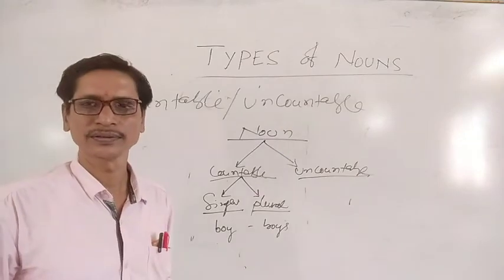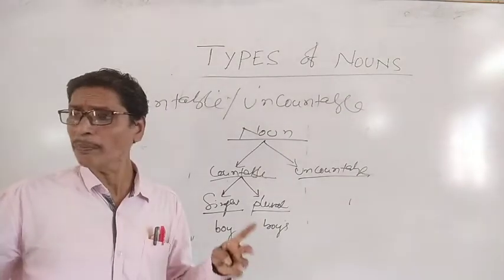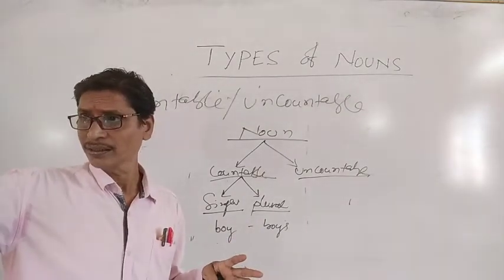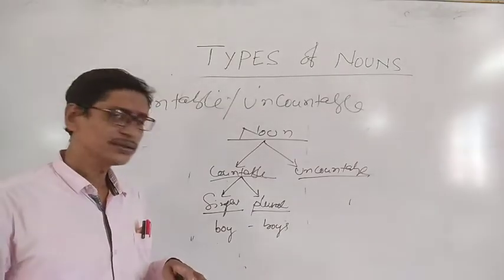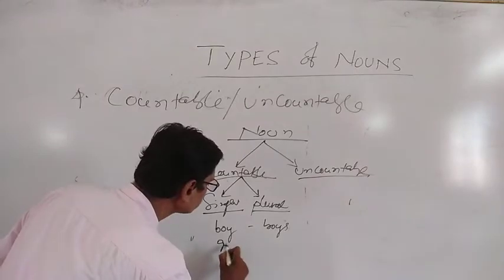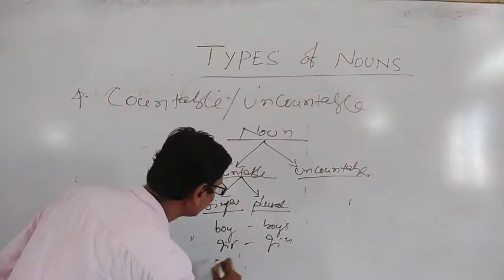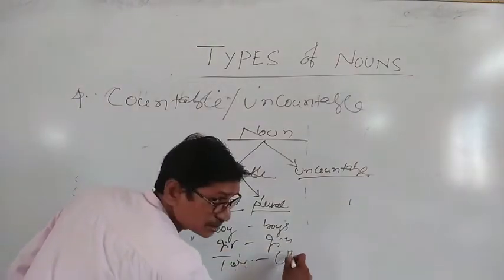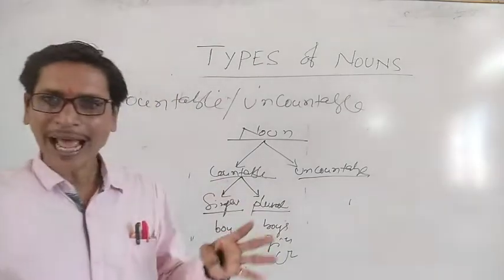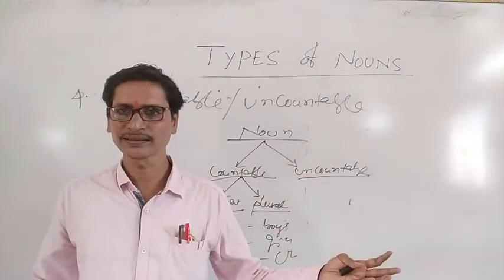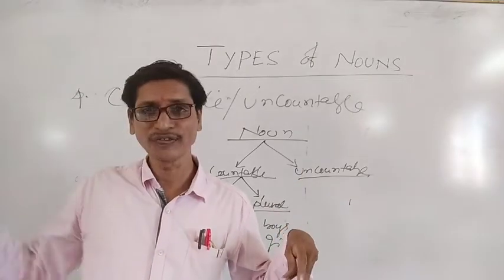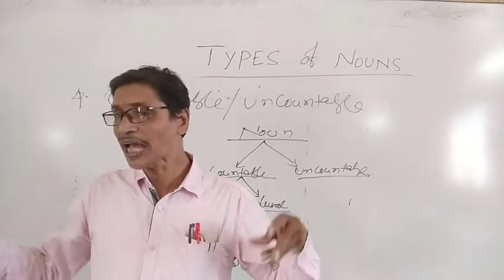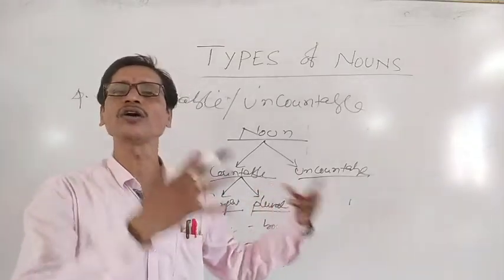Ramu is a boy. There are 10 boys standing near the office. Okay? Girl also, girls, teacher, teachers, class, classes. Office, offices, chair, chairs, computer, computers.